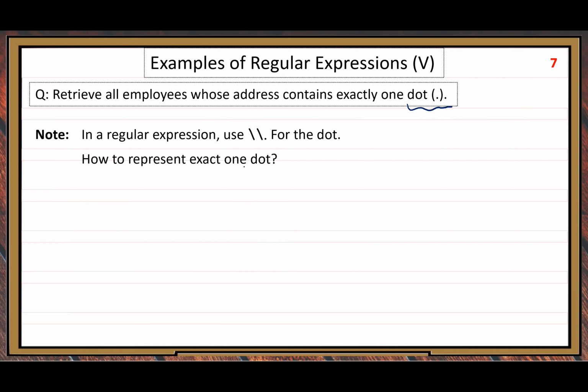If a string contains at least two dots, then you should not select it. Think about that. How to represent that meaning? Exactly one dot. No other dots.